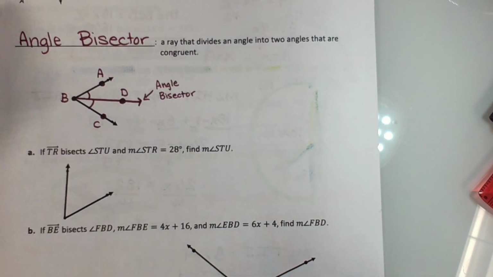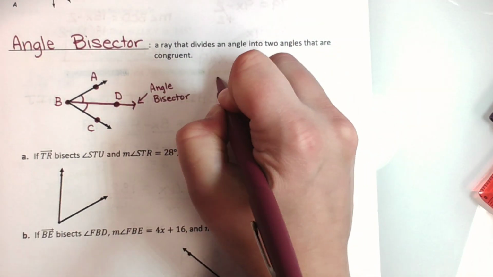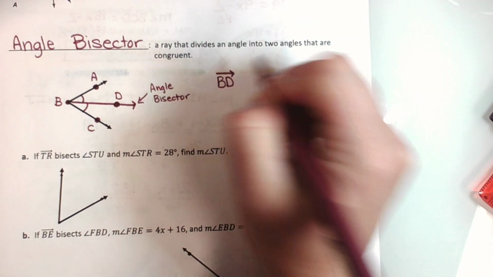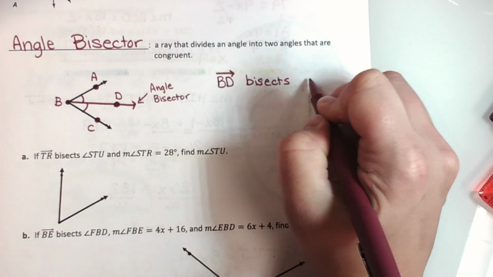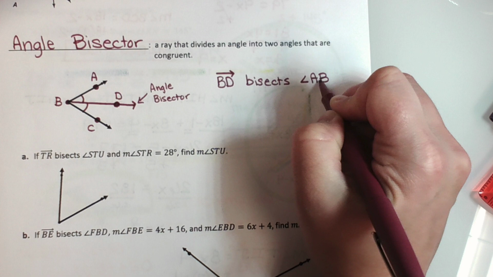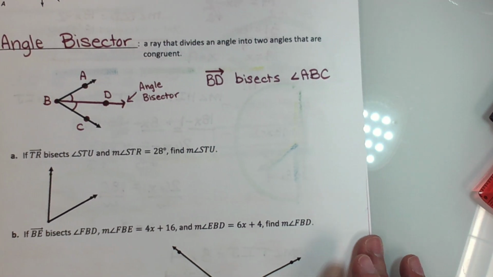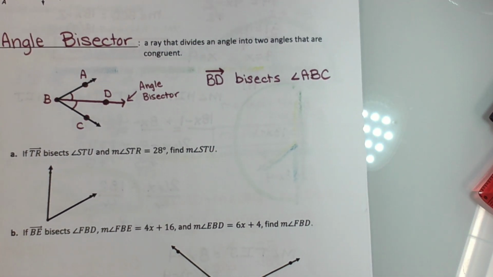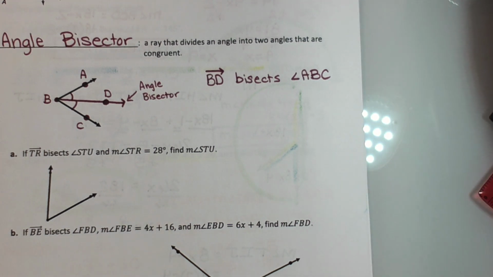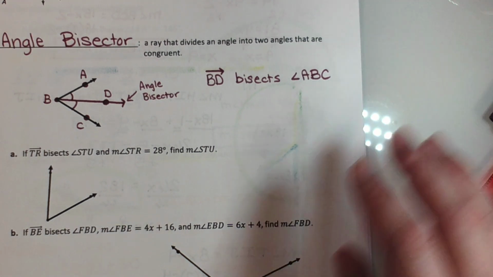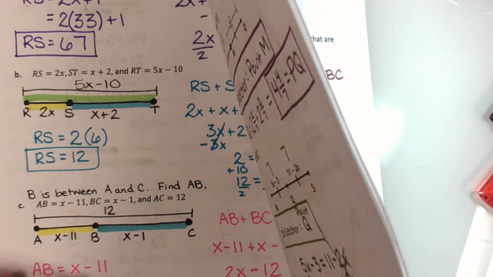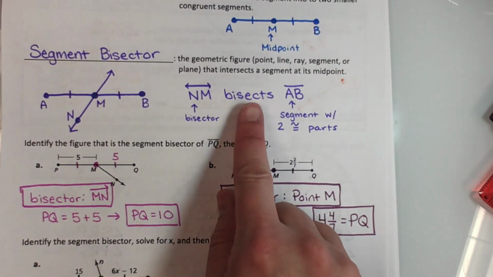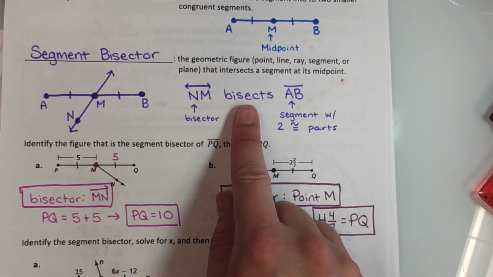If we see a picture like this, we would say BD, the ray, bisects angle ABC. Now, when we talked about segment bisector, you'll notice that the way that it's written is very, very similar.